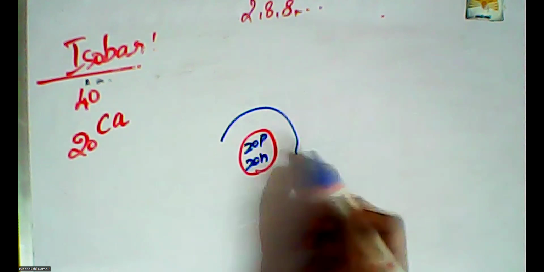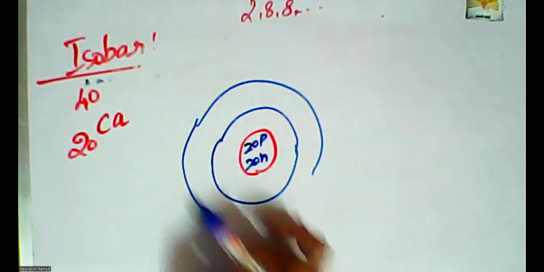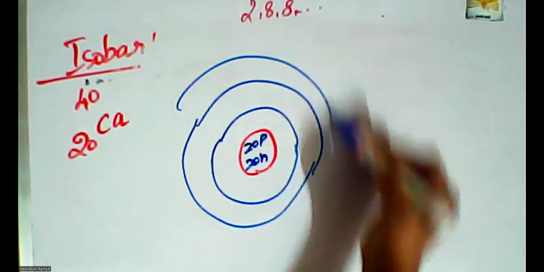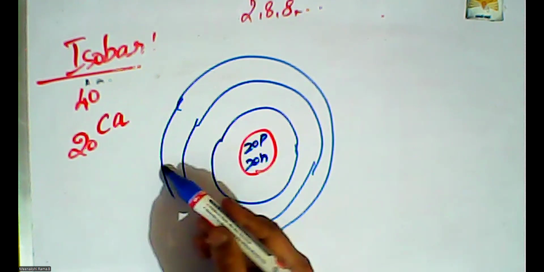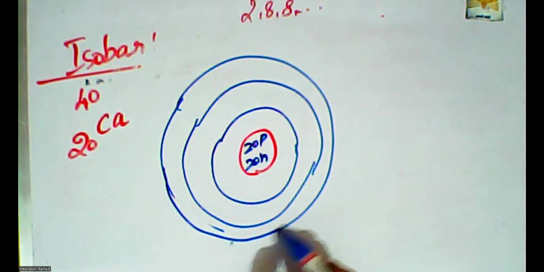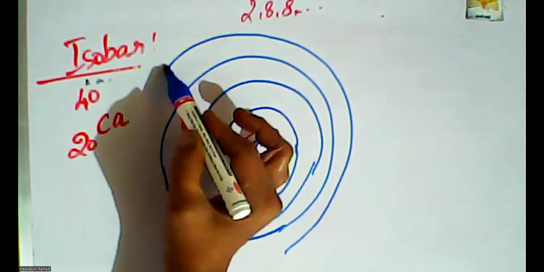So how many orbits? First, second, third, and then fourth, because the number of electrons is higher.